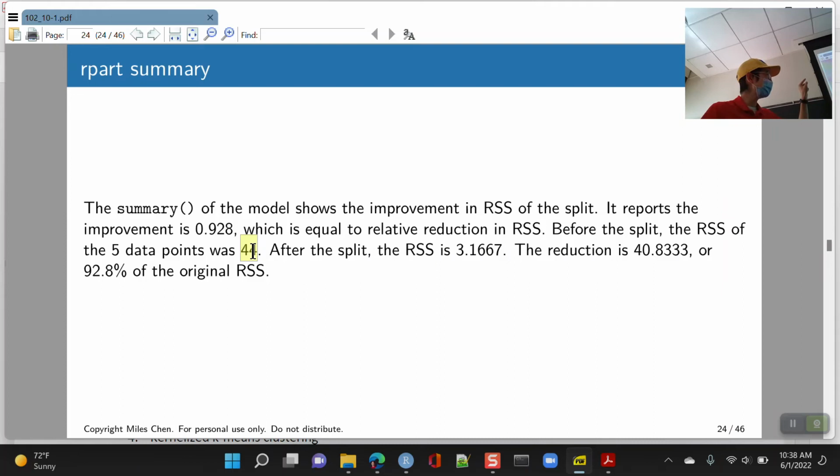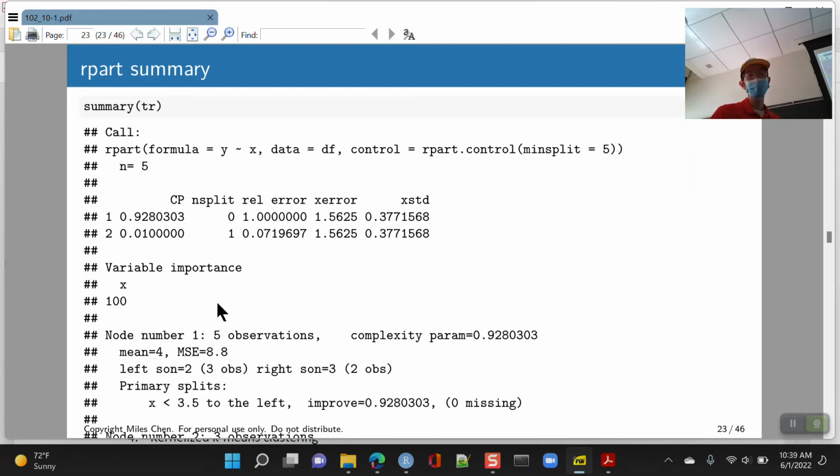We went from 44 to 3.1667. That's a reduction of 40.83, and 40.83 divided by 44 is 92.8%. So that's where it's getting this number. This complexity parameter is a measure of the amount of improvement we get by including this split. We got an improvement of 93%, so it's a very good, drastic improvement by just including this one split.